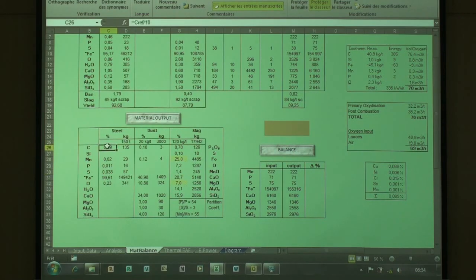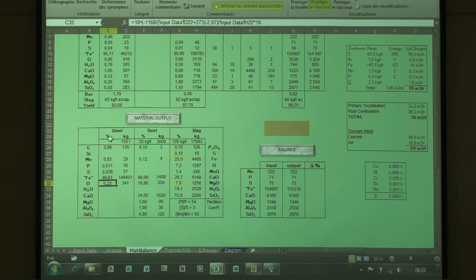So carbon is given by the input, silicon is set to 0, whatever happens, and these values are adjusted by this, let's say, difference. The iron is 100% minus the rest here.